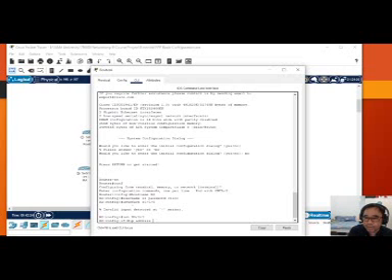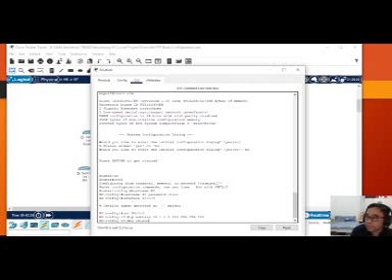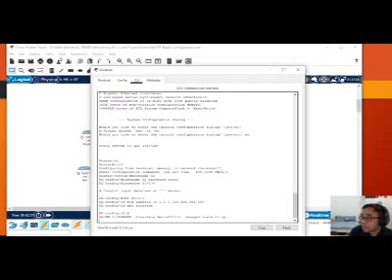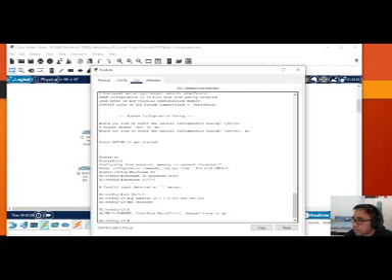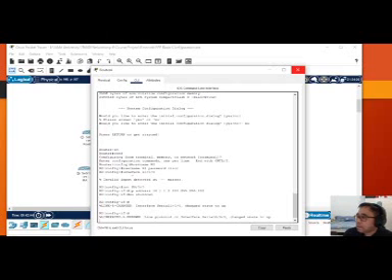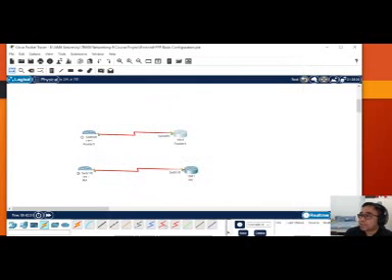We can use 10.1.1.2 255.255.255.252. No shutdown. Serial changes state to up. R1 password Cisco. As you can see, they're both up.